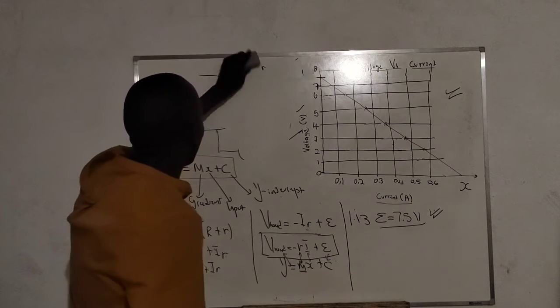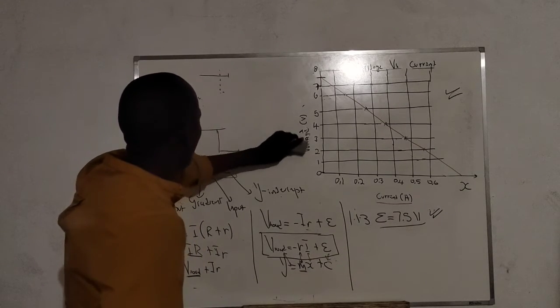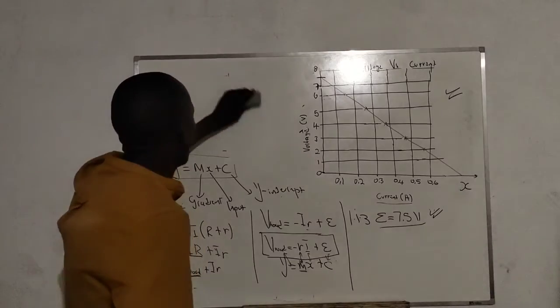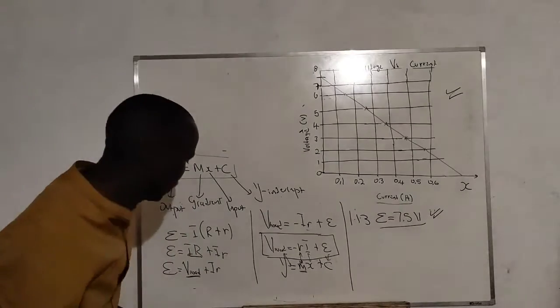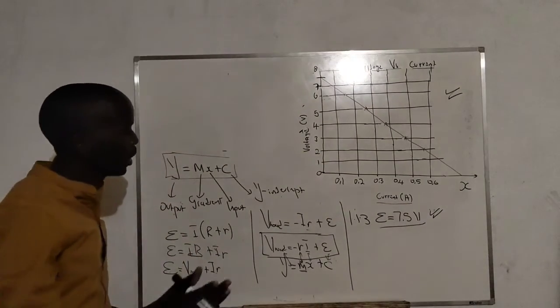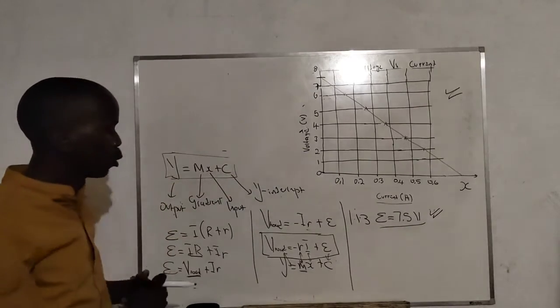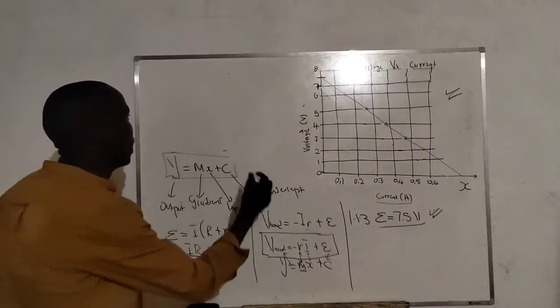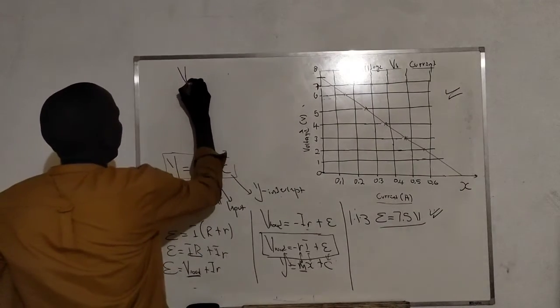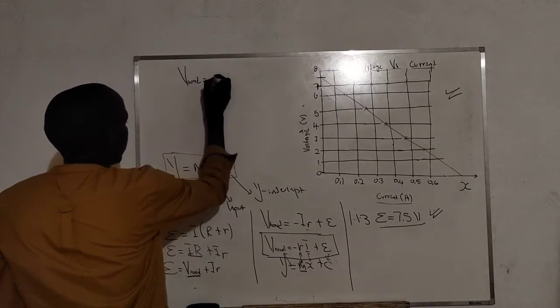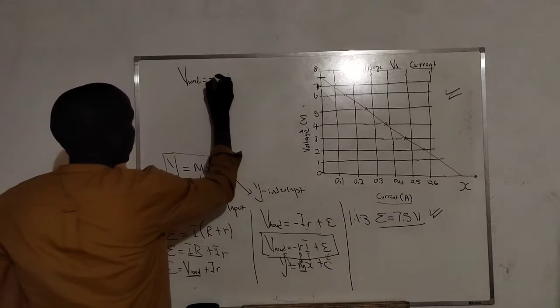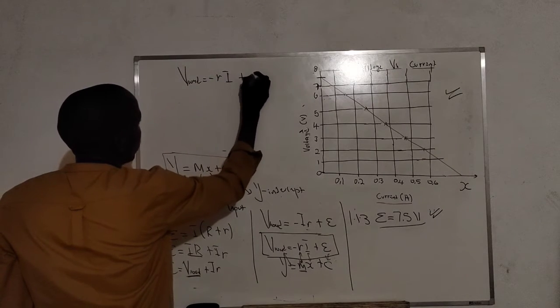The equation we have just come up with and arranged is very, very important because it guides us. Without this equation, we cannot solve this problem. V load is given by minus r I plus EMF.